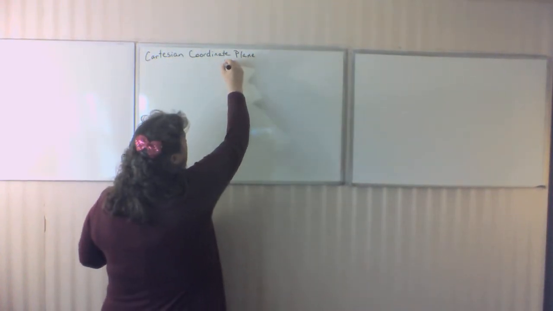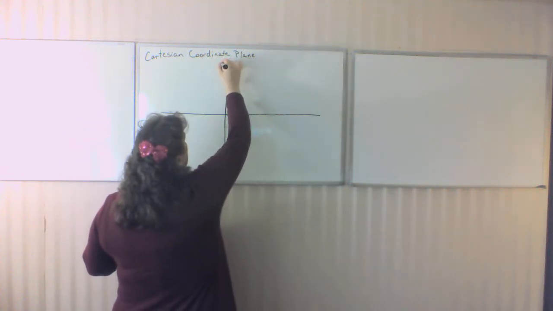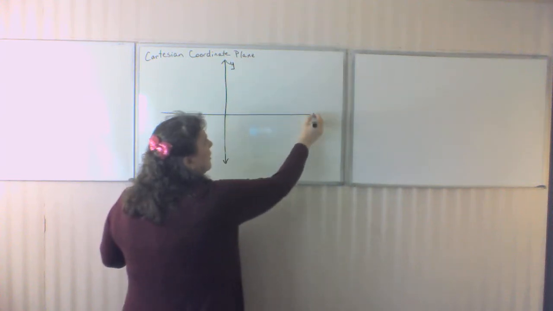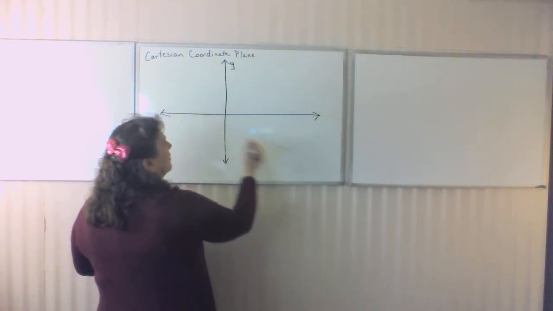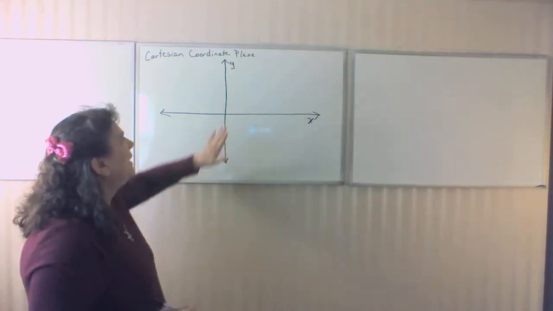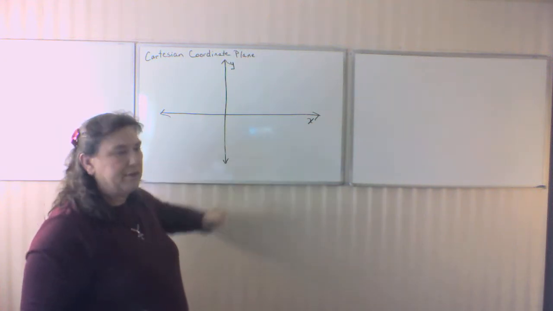The Cartesian coordinate plane is made up of a horizontal line and a vertical line. The vertical line is called the y-axis. The horizontal line is called the x-axis. These two axes divide the space into four regions, or four quadrants.